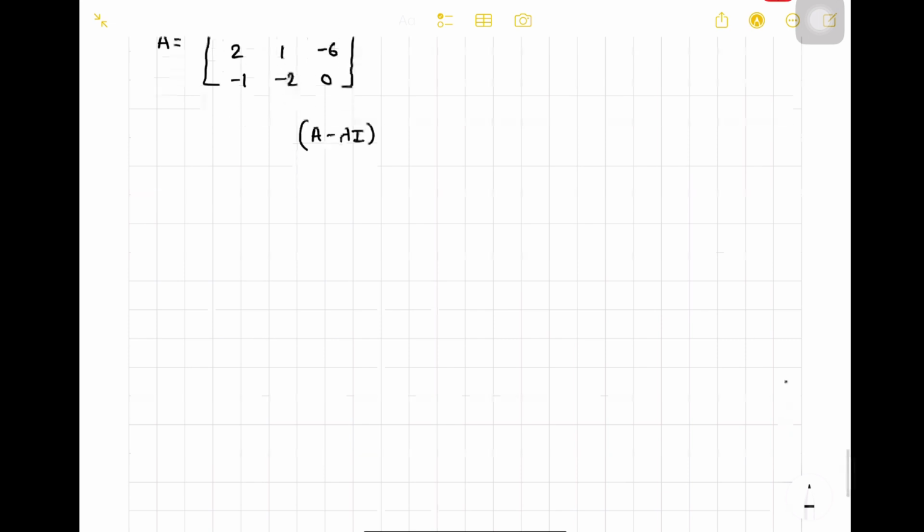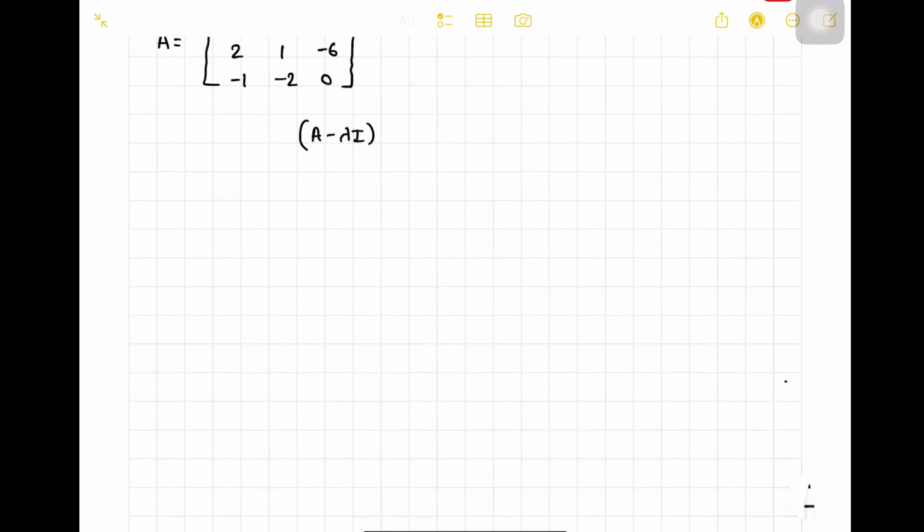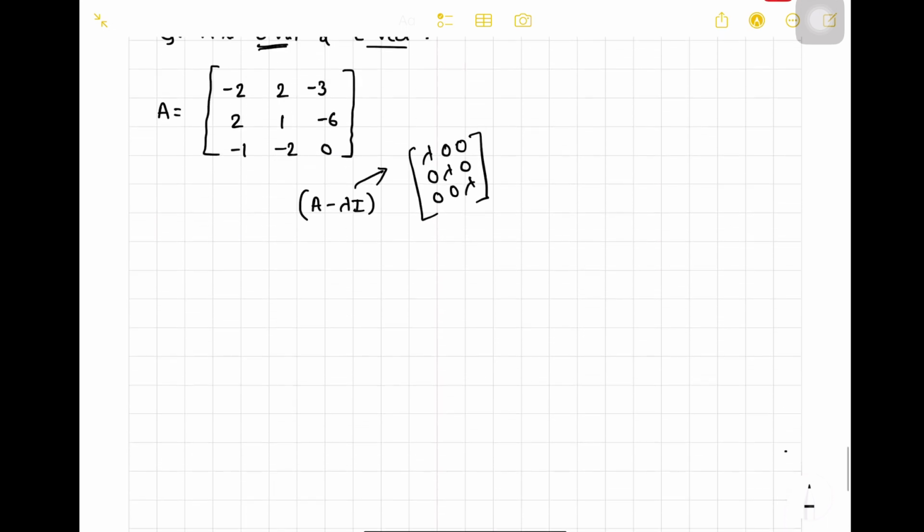So substituting the matrix A and lambda I, in last lecture I told you it will be lambda 0 0, 0 lambda 0 and 0 0 lambda. So we will combine both and we will get the matrix A, minus lambda I, that is lambda 0 0, 0 lambda 0, 0 0 lambda.